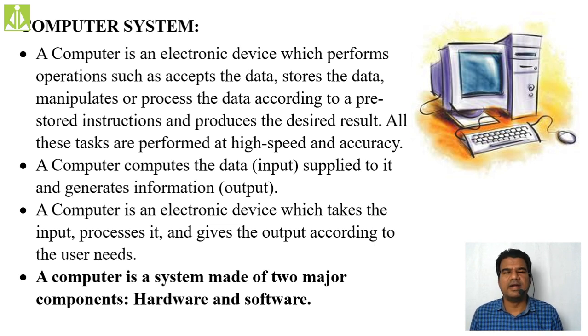All these things, once again, we are going to discuss in detail. Output can be shown on the screen, printed on paper, or played on a speaker. If your computer wants to give a sound output, it will play that sound on the speaker. All these things we consider as outputs.